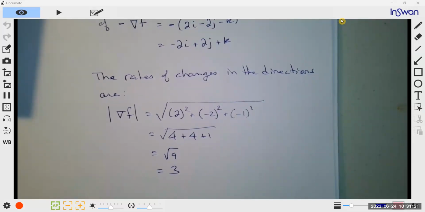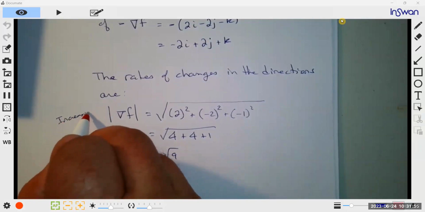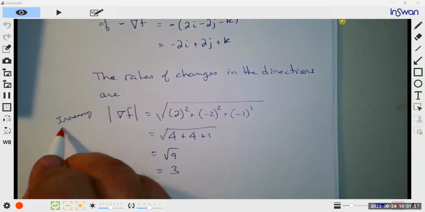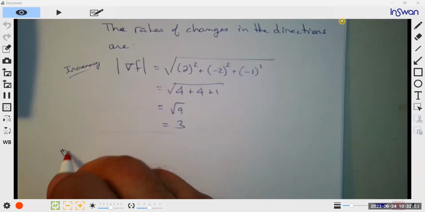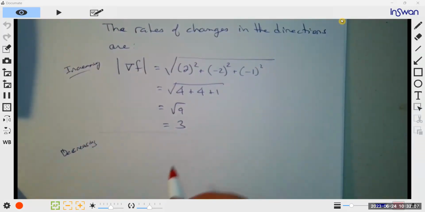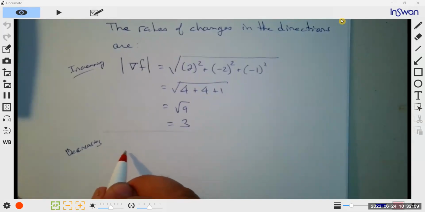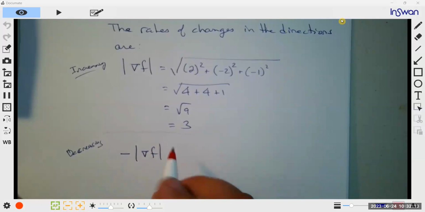So that's for the first one. That's for the increasing. Now the decreasing. We have the negative of del f, which is the negative of 3.